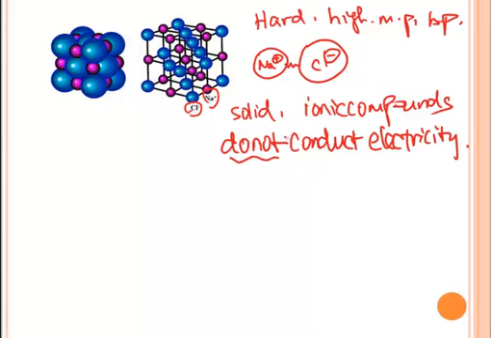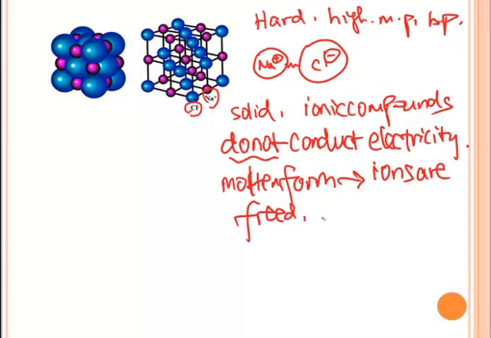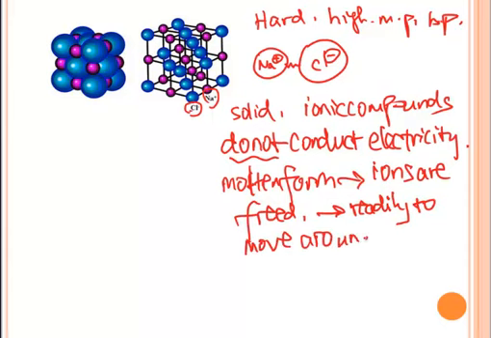However, when the whole lattice structure is destroyed, when it's melted, so in the molten form, all the ions are freed up, ready to move around. So it's a good conductor of electricity.